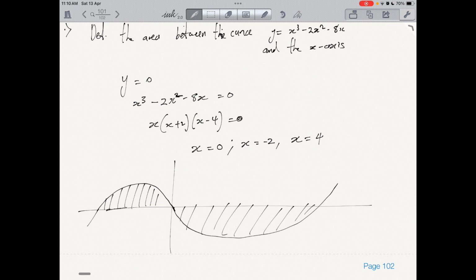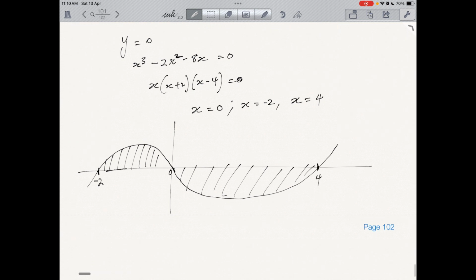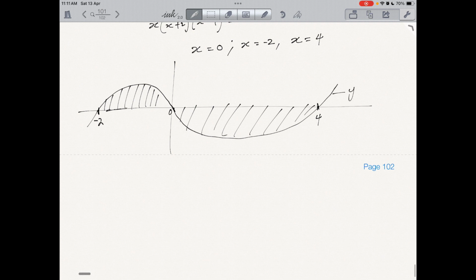So the point here is minus 2, 0, and the point here is 4. This is y is equal to f of x, and f of x is x cubed minus 2x squared minus 8x. So now to evaluate this area, we have A1 and we also have A2.